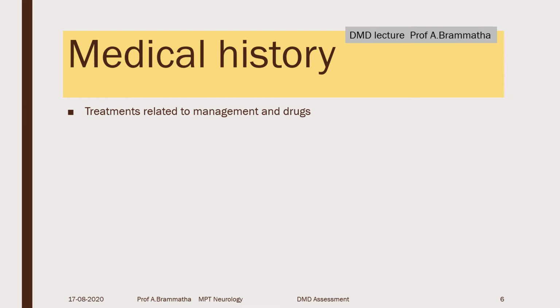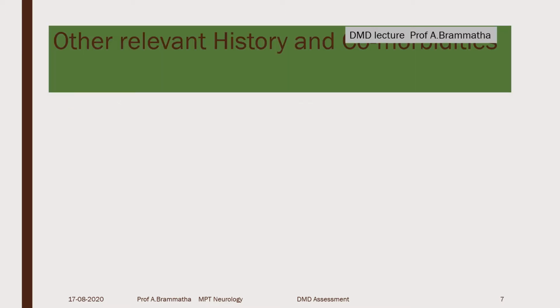Looking into the medical history, there are as such no direct drugs to cure the disease, but you do have some steroids which help in delaying the progression. Along with this, sometimes the child may have other associated congenital problems like CTEV, or even Erb's palsy, some kind of upper limb or hip dysfunction. Those all have to be noted.